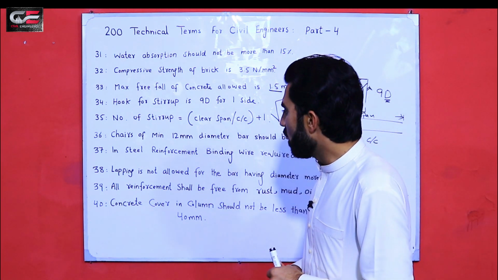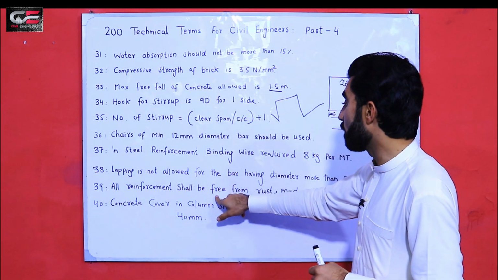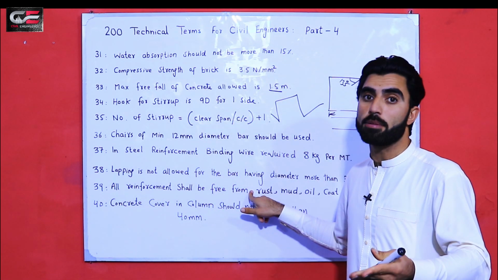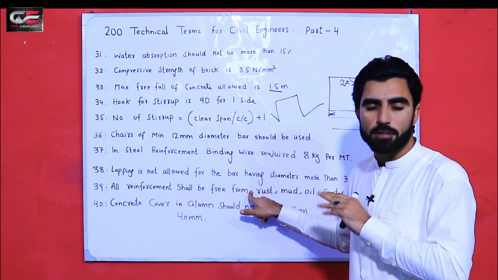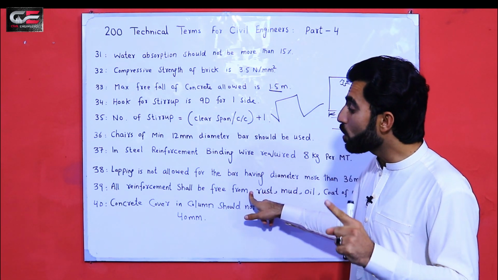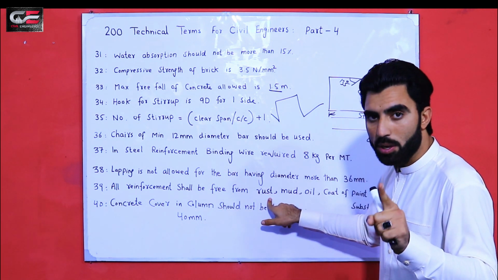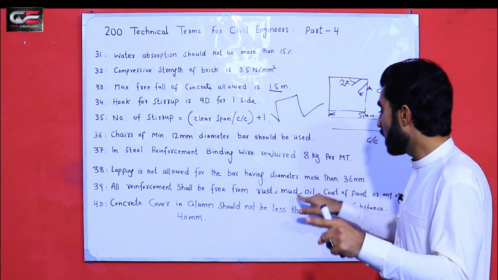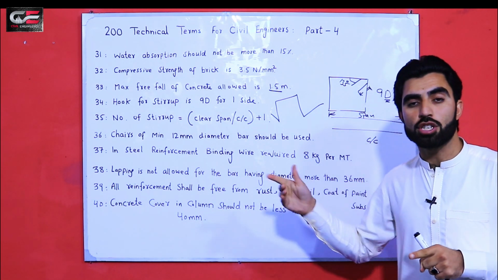The term number 39 is that all reinforcement bars, when you are using them for beam, column, slab, foundation, for anything, shall be free from rust or corrosion, mud, oil, coat of paint. Many people paint the steel bar.